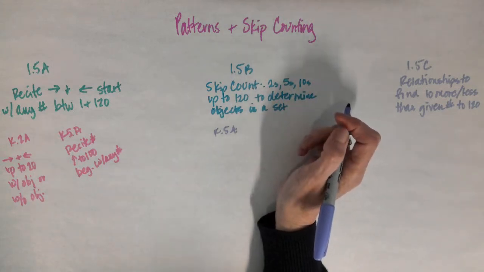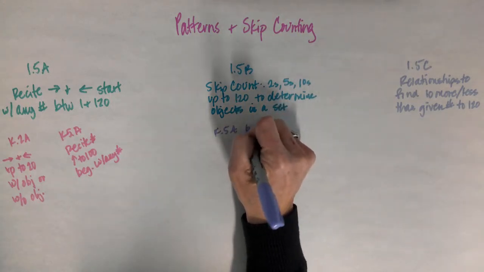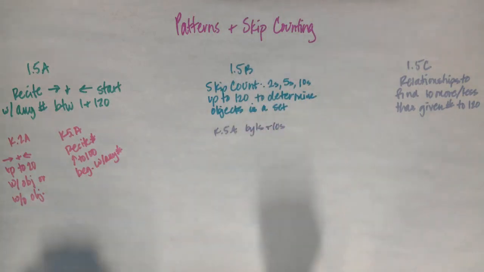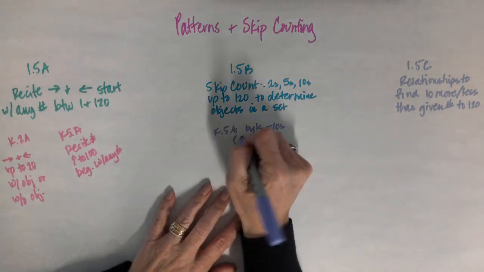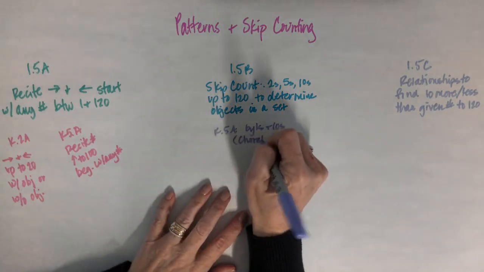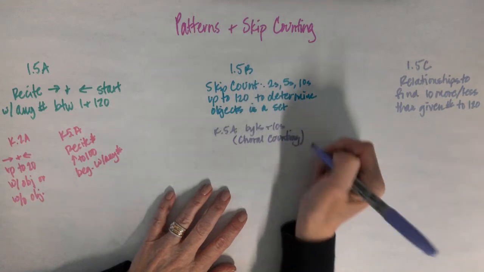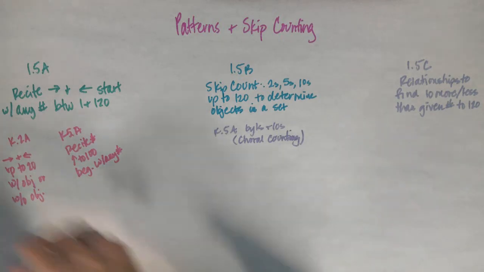We're not skip counting backwards in kinder or first grade. So K5a did count by 1s and 10s. Now, this was an expectation of reciting, so this was choral counting or individual counting. It was not used in the same way we use this standard in first grade.